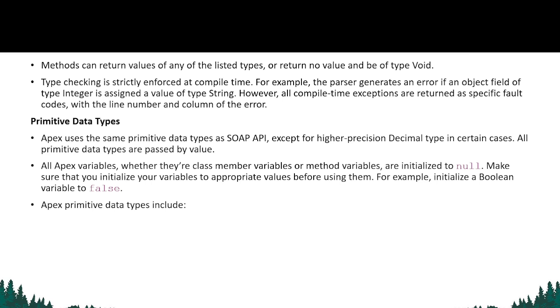In the Apex language, whenever we write code, it is automatically compiled. We do not need to manually compile it every time. If there is an error, the error message will be displayed, but if there is no error message, then the whole code will be compiled.